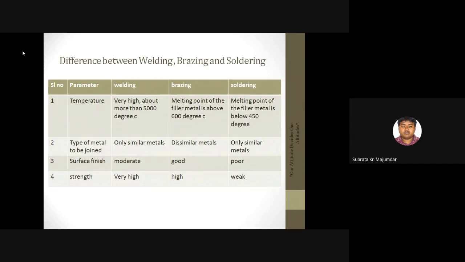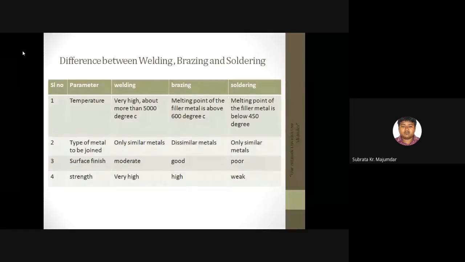These two questions can be repeated several times in your semester examination. So I would suggest that you make a note in your copy and remember it. This is a very common question in your semester examination.